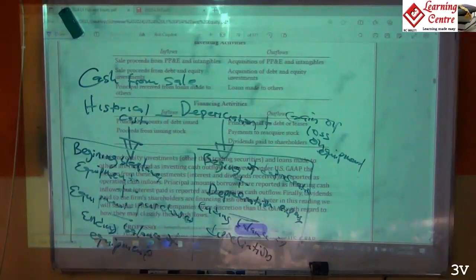Okay, so let's look at a very good example. Example 1. I will cover all these investing activities.